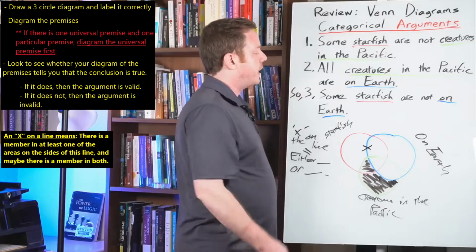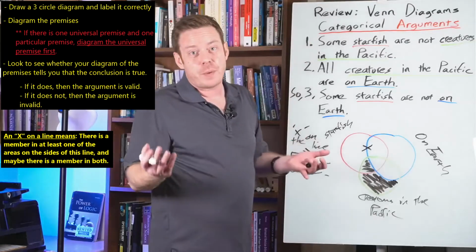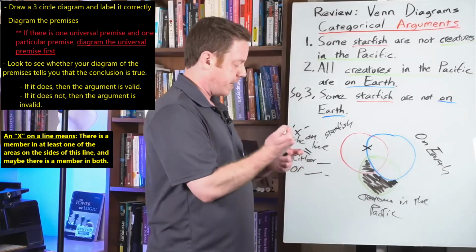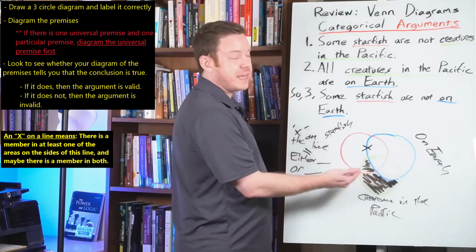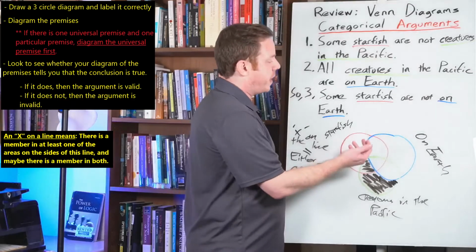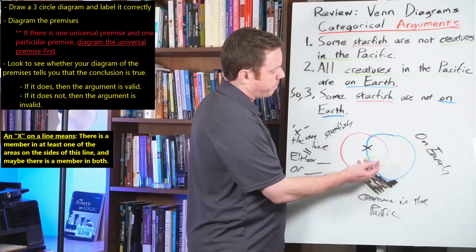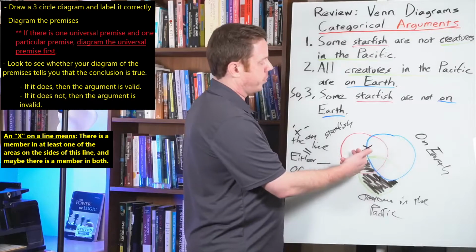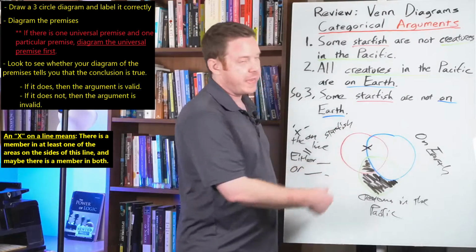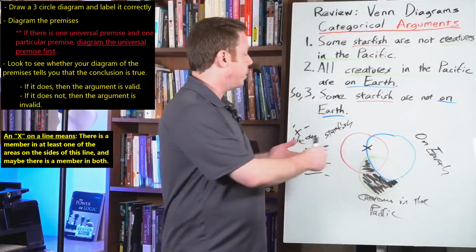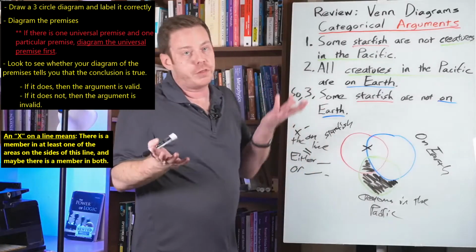That's all the information that premise one is telling us. It's saying some starfish are not creatures in the Pacific, but it's not saying anything about whether those starfish are on Earth or not on Earth. It's not about that. So we have to leave that open. Either this side or that side or both, right?